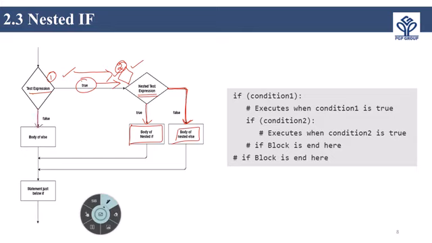Suppose the first test expression is false, then the body of the else is printed. After that, only one of them is executed, not both. If true, this one is executed, otherwise not. If we get false, this one is executed.